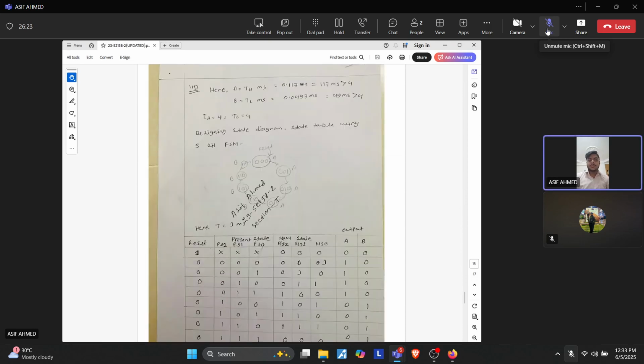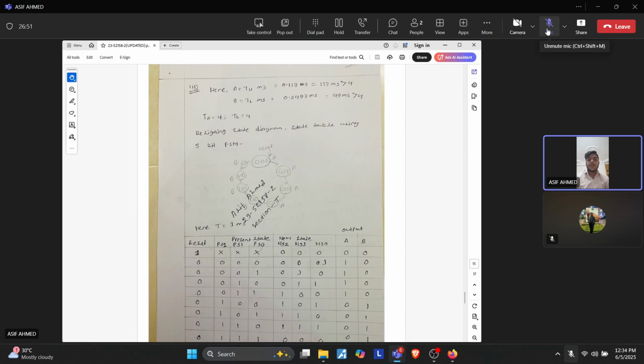Now coming to question number 3. Here we have to design an FSM for the circuit. For the blinking control of the space available message, I have designed a finite state machine. The purpose of the FSM is to alternate the display between on and off states according to the instruction.